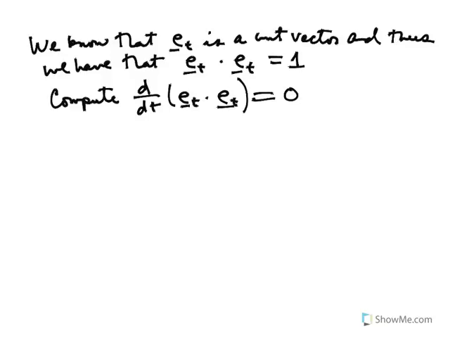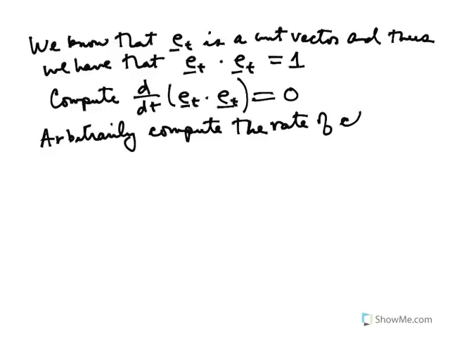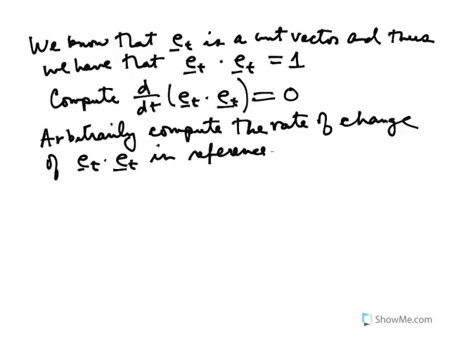Now, because E sub t dotted with E sub t is a scalar, I can arbitrarily differentiate it in any frame I feel like. So arbitrarily compute the rate of change of E sub t dotted with E sub t in reference frame A. What do we get when we do that?